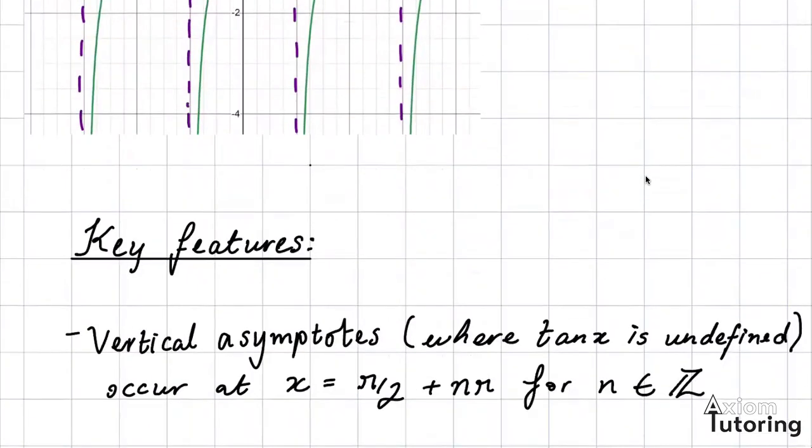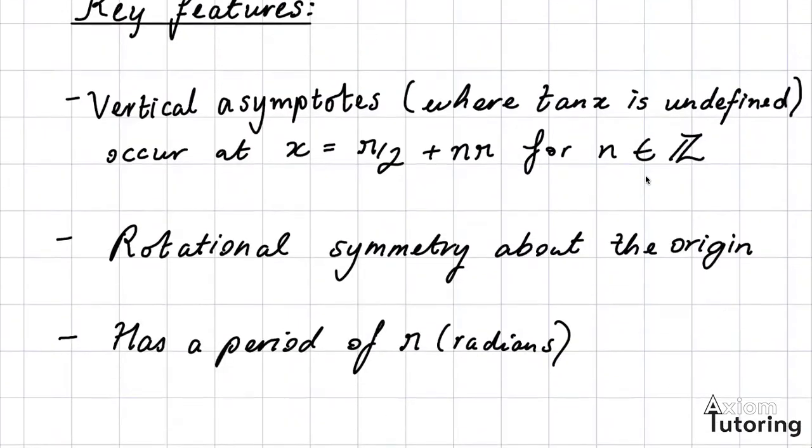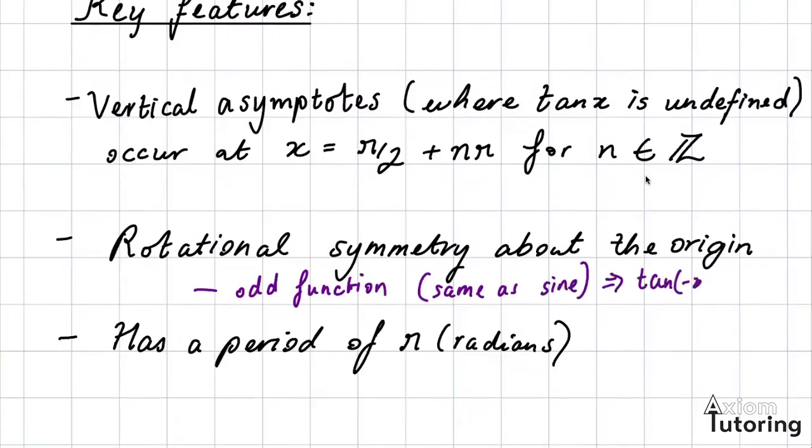The tangent graph has rotational symmetry about the origin, similar to sine. So in fact, it is an odd function, just like sine. And so we can say that tan of minus x is equal to minus tan of x.